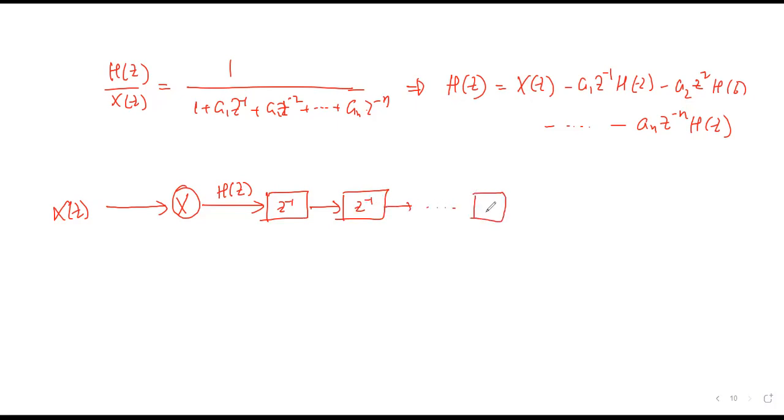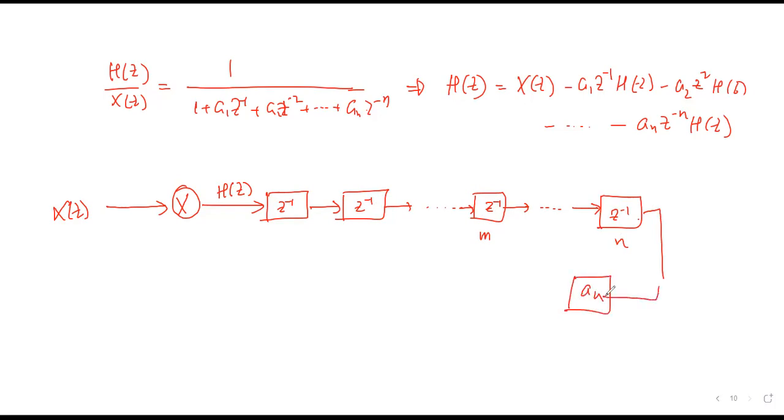In the middle, you also have to keep in mind that we have to incorporate the n-th one, so it continues and finally ends up with n. The n-th one will be multiplied with an.